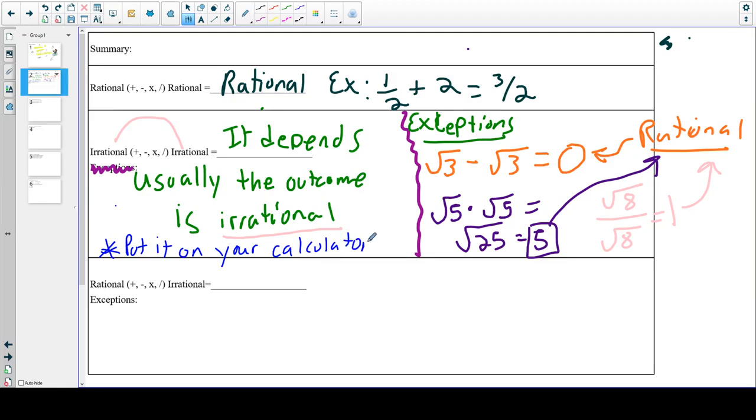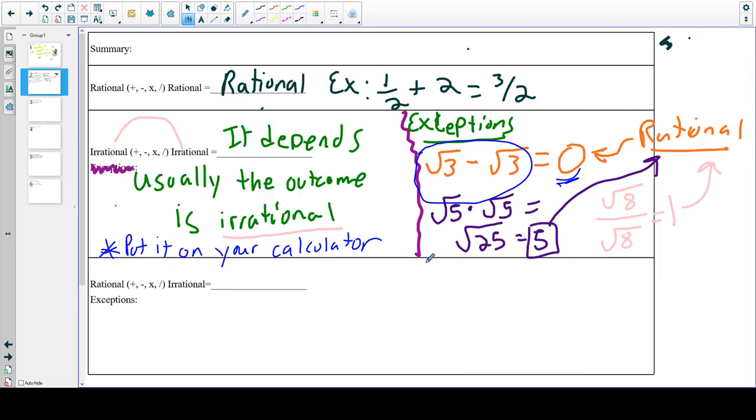If you saw this and you're like, huh, that's probably going to be irrational, just put it on your calculator. You'll see this, and you will definitely know that this number is rational. Similarly, if you did the square root of 5 times the square root of 5 and put that on your calculator, you would get 5, and you would say, oh, I know this number is rational. So when in doubt, put it on your calculator and see what you get.